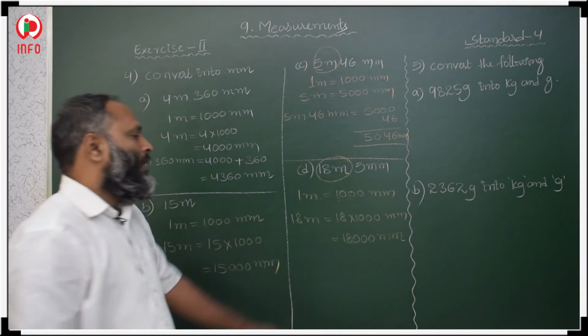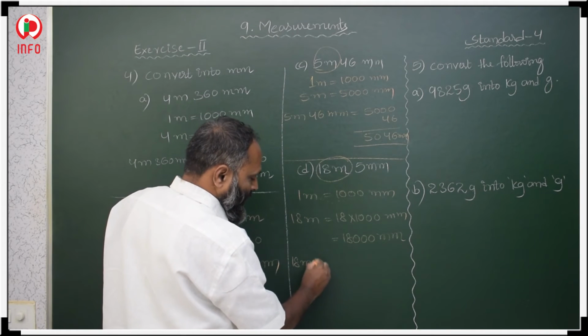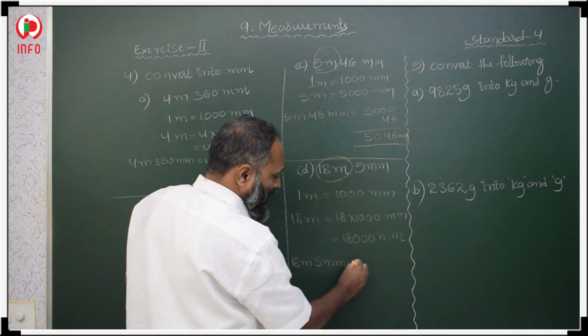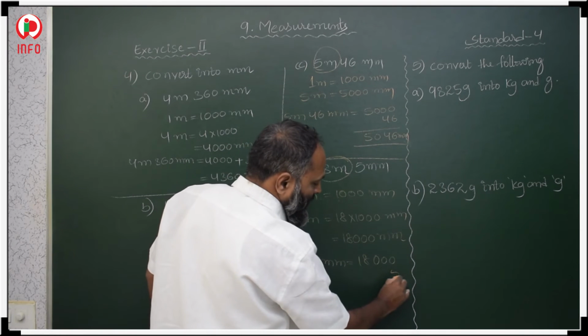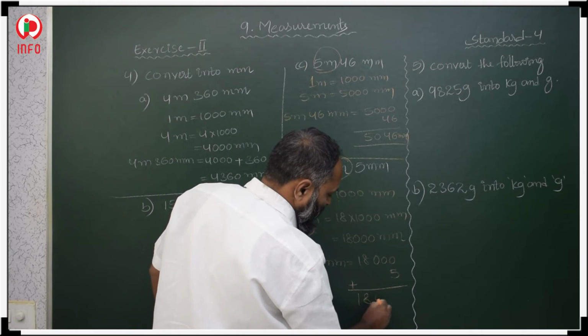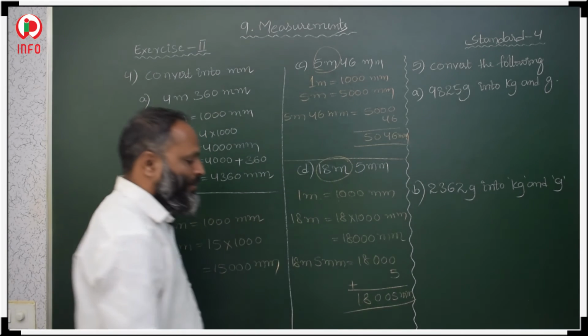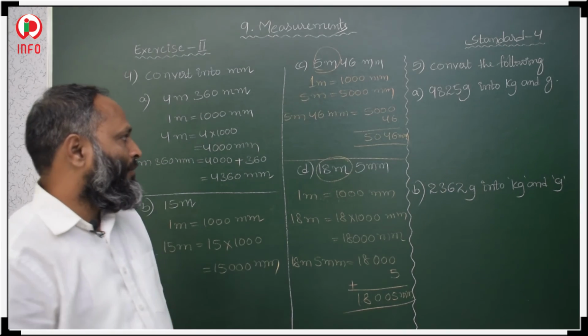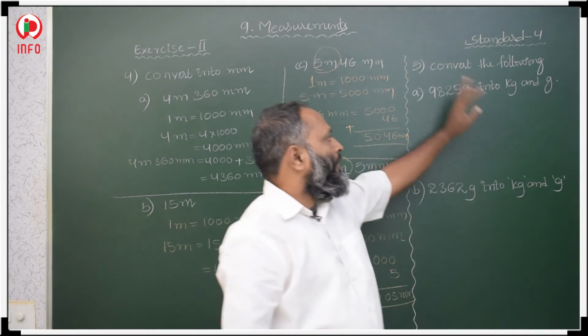Okay. Now this complete. We have to take 18 meters 5 millimeters. 18 meters means 18,000 millimeters and 5 millimeters we have to add. That is 18,005 millimeters.